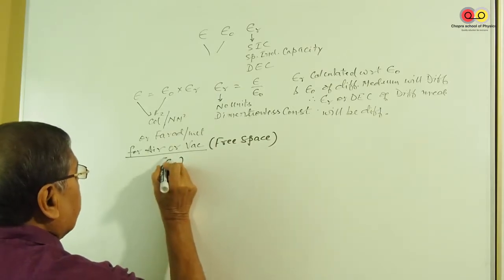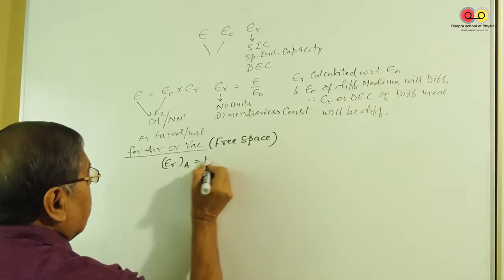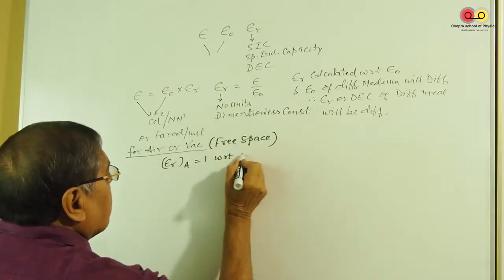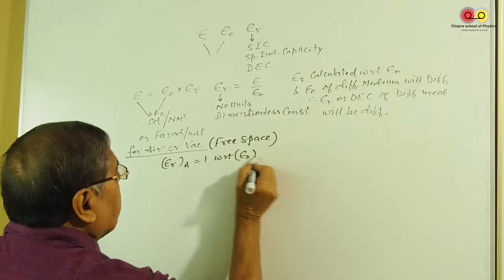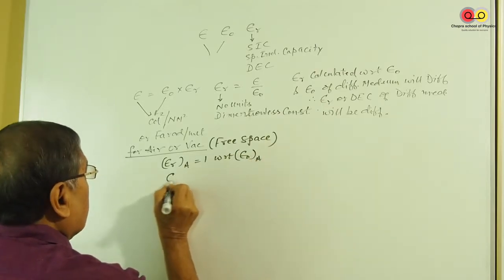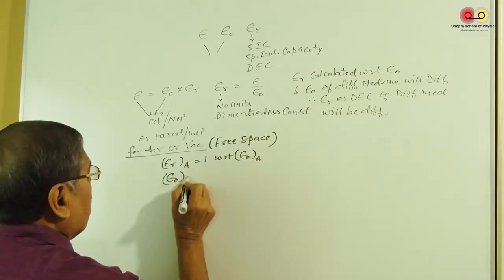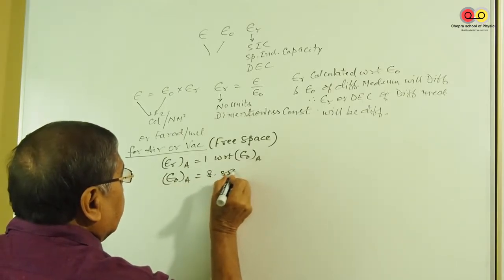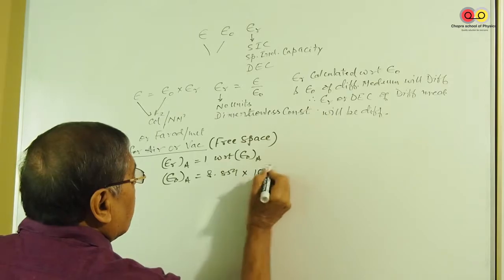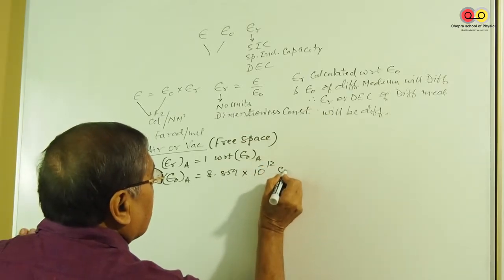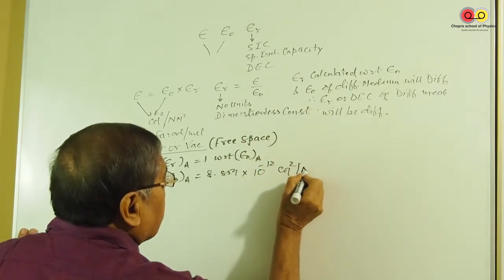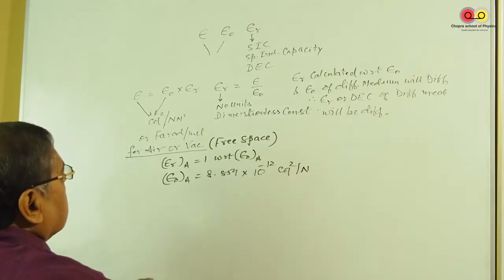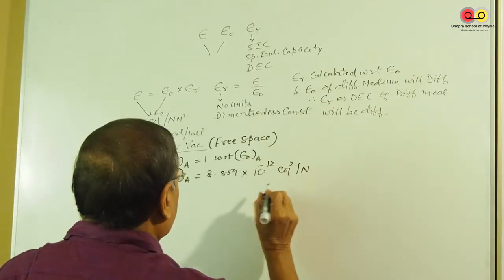Relative permittivity of air is 1 with respect to absolute permittivity of air, and absolute permittivity of air is 8.854 times 10 to the power minus 12 Coulomb square per Newton meter square.